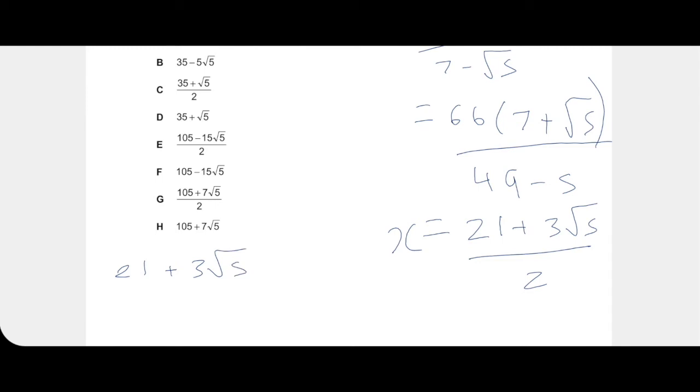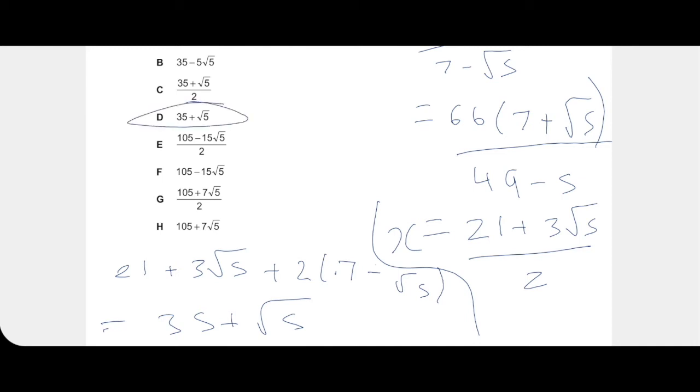And for the other length, 2 open bracket 7 minus root 5. That is all equal to 35 plus root 5. And therefore our answer to question number 16 is D.